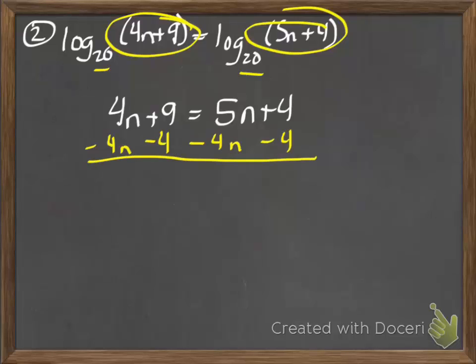That's going to completely cancel out the 4n on the left and completely cancel out the 4 on the right, leaving us with 5 is equal to n. Now, check it. Is 5 being plugged into the parentheses going to cause either of them to be negative? No. So that is our answer. If it did cause one of them to be negative, you'd write no solution.